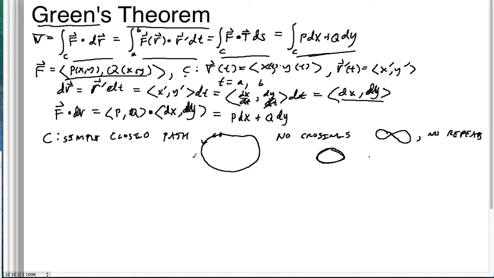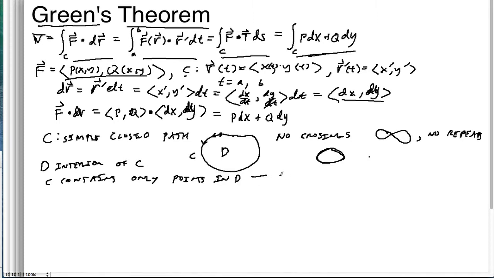Another thing we want is that, so this is our C, and then there's the region inside. We'll call this D. So we're going to say that D is the interior of C, and C contains only points in D, and that's another way of saying D has no holes.